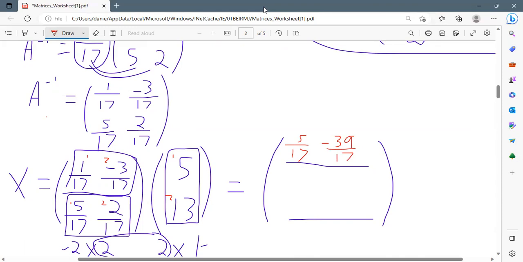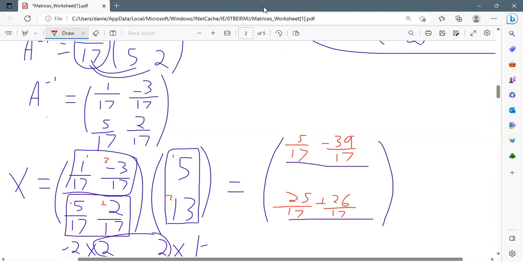Now there are no more columns to multiply by, so you go across to the second row and repeat the step. So 1 by 1: 5 over 17 by 5 will be 25 over 17. And the second by the second: 2 over 17 by 13, so that'll be plus 26 over 17.